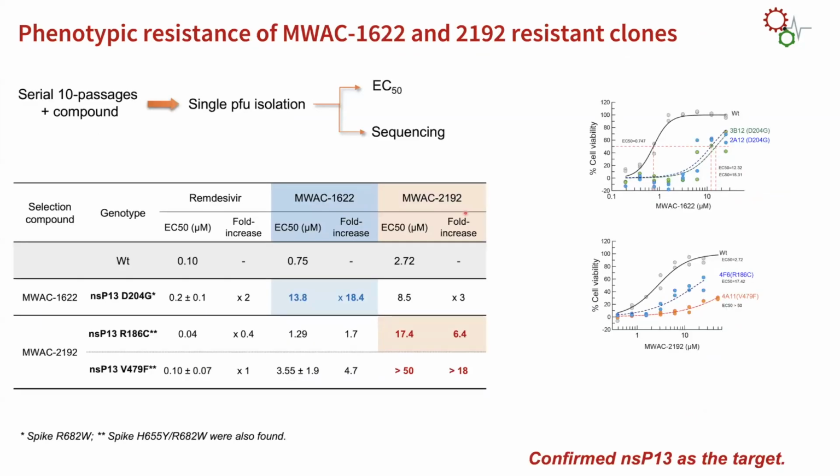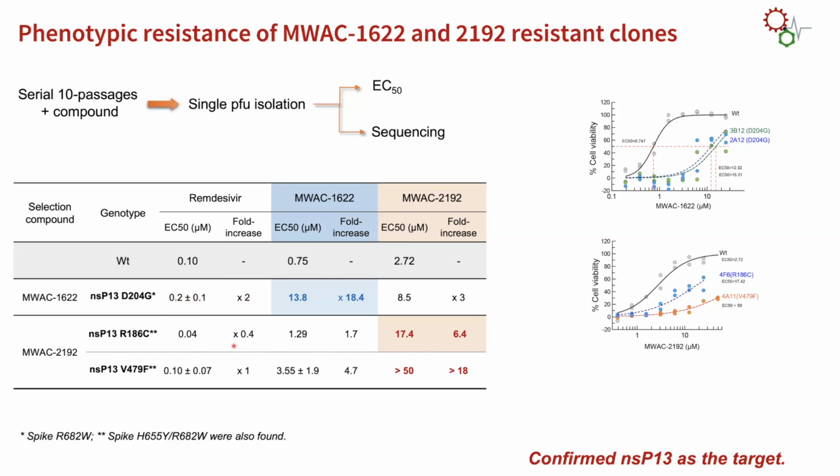In order to prove that this mutation is conferring the resistance, we tested these isolates against their own antiviral. As a control, we tested the susceptibility to remdesivir. As you can see, wild type shows 0.1 micromolar EC50, but we don't see much change in our mutant virus per se.